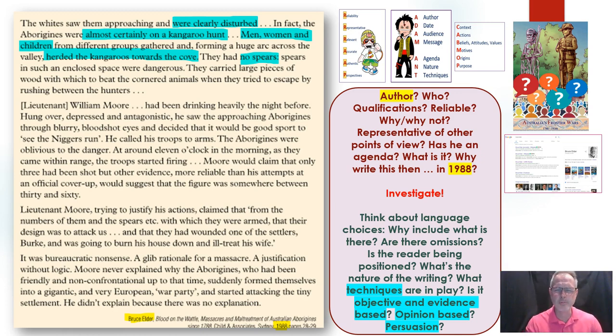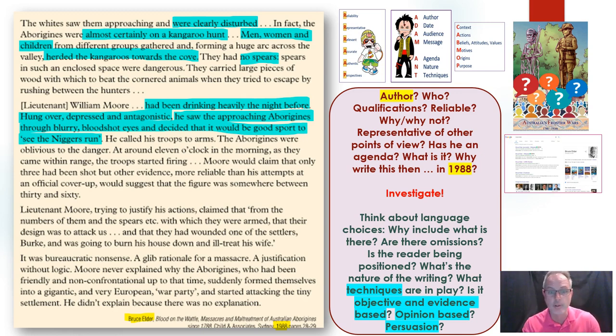This feels maybe a bit more like my primary source of Edward White in 1830. Okay, William Moore, that military officer who was defending the community, according to some versions, had been drinking heavily the night before. He was hungover, depressed, antagonistic. I wonder what sources back that up. I wonder if there are sources that back that up.